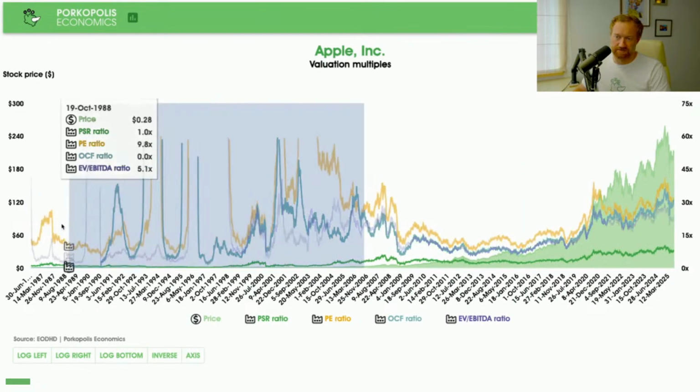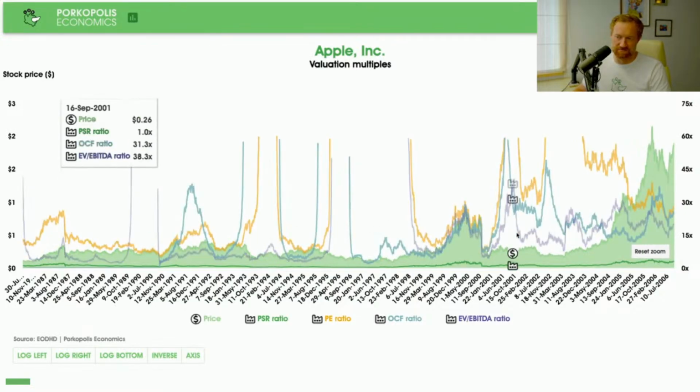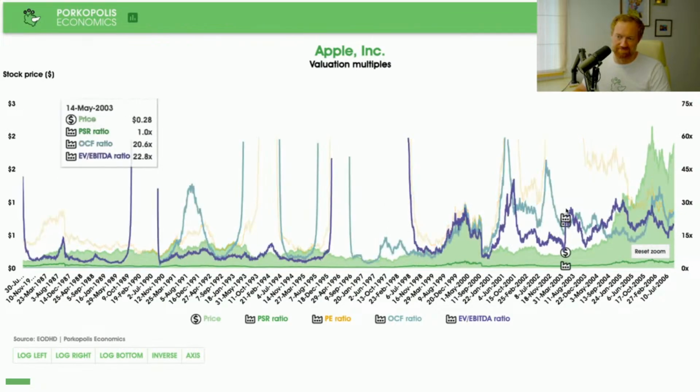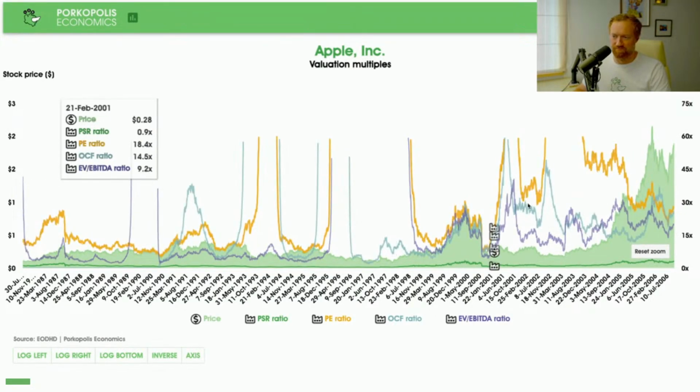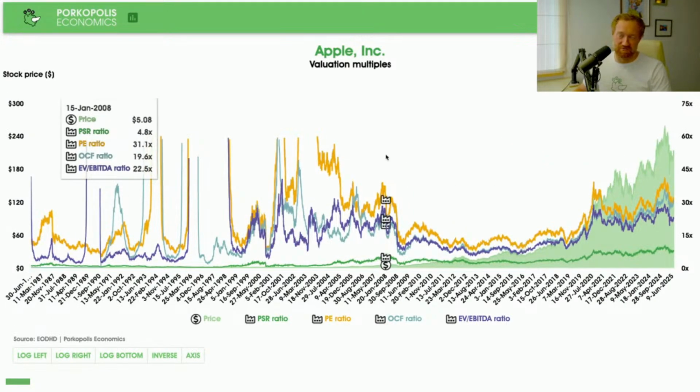And then here, obviously, when the company was getting started, fundamentals don't really help at all. Some go negative, some go way positive. You have to cap them. Data is not very clean. Anybody would be happy buying Apple at split adjusted 22 cents, 28 cents.